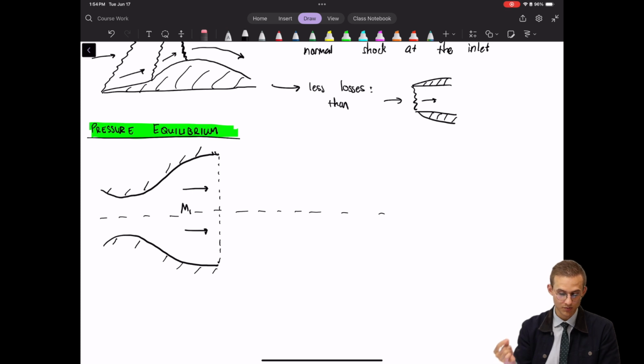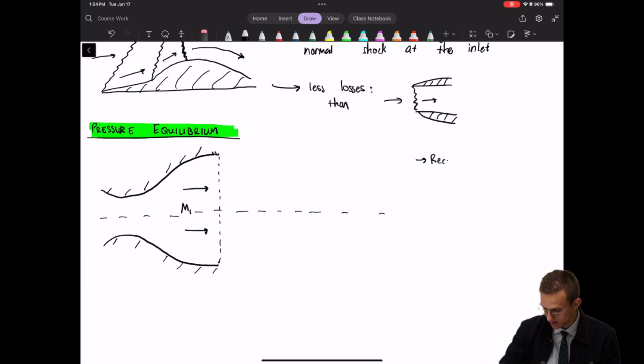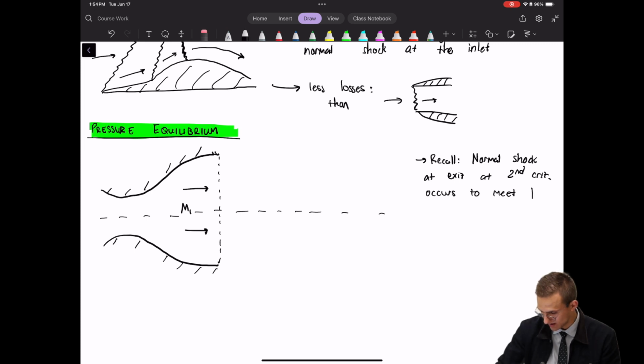So recall that the normal shock at exit at the second critical occurs to meet the P_B or P receiver boundary condition.